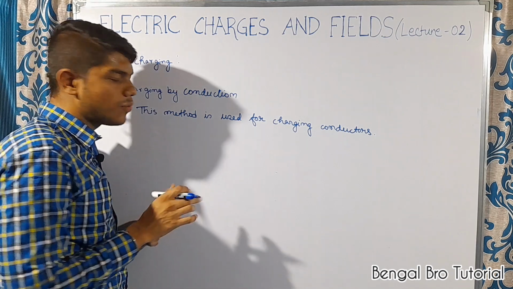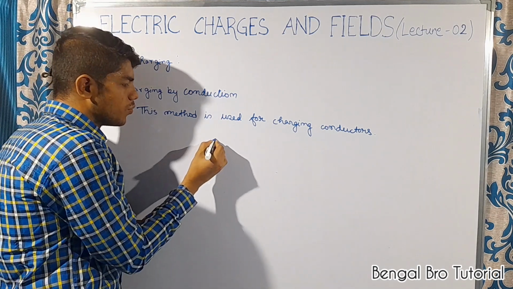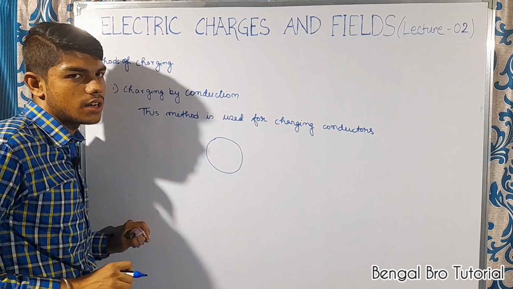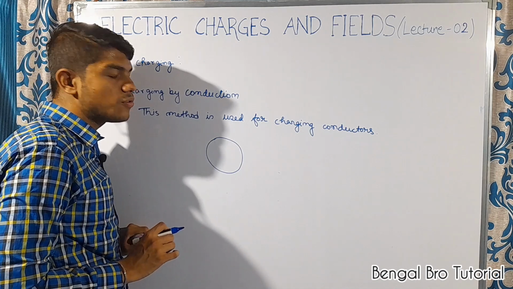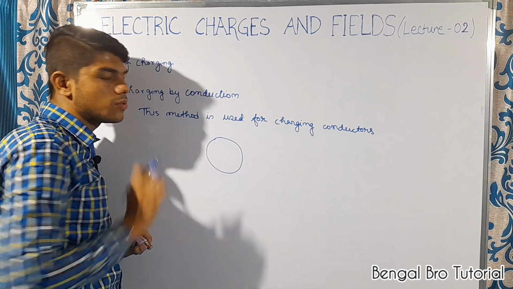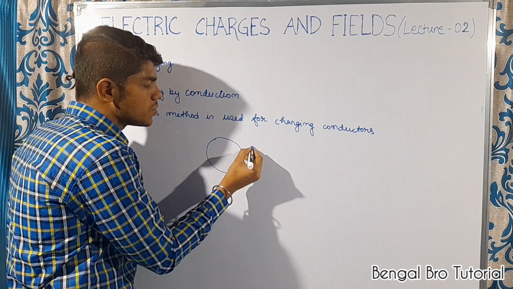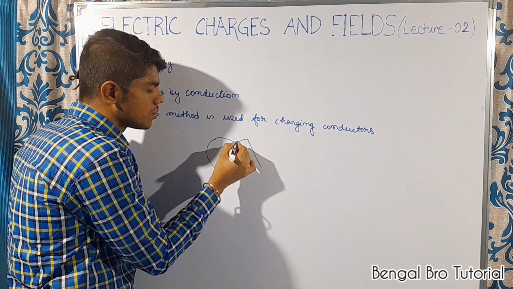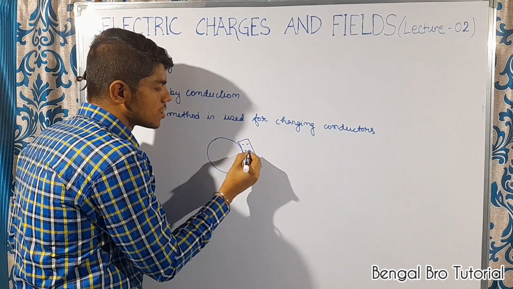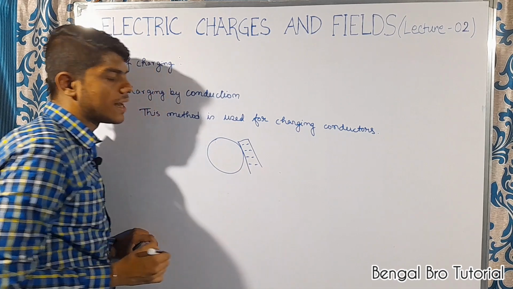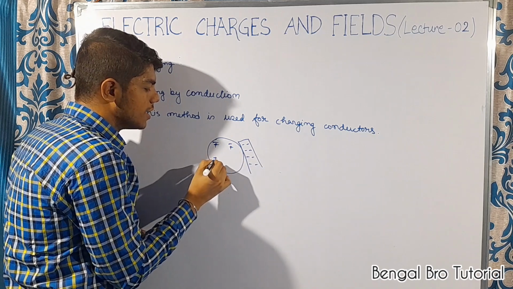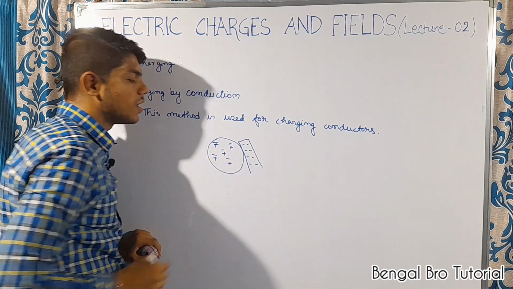Now, in this method, suppose we have an uncharged conductor and we want to charge this conductor. We have to bring a charged conductor or a charged body in contact with this neutral body. Suppose I bring a rod that is already negatively charged, which means it has an excess of electrons, in contact with this neutral body, which initially has an equal number of positive and negative charges.